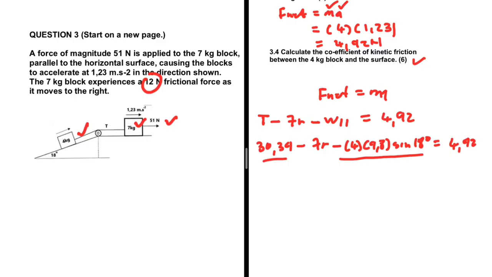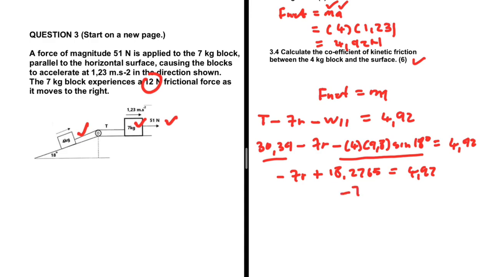4 multiplied by 9.8 sine of 18 degrees. I have minus frictional force plus 18.2765 being equal to 4.92. So let's take these to the right hand side.